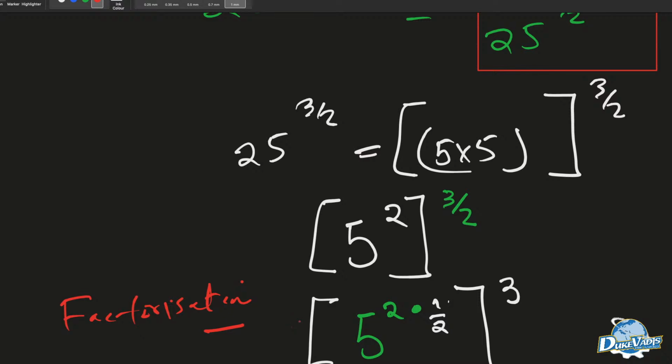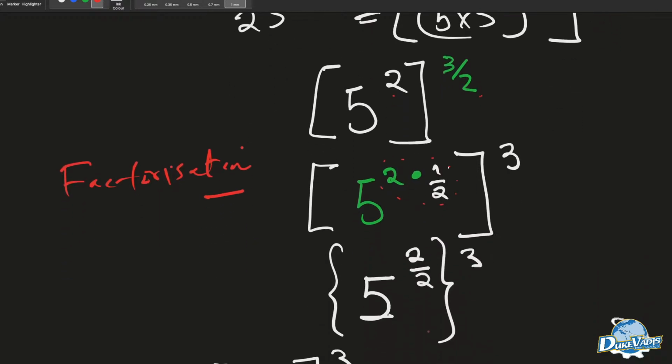Why? Because we have 2 here, and we have 2 here. So we'll push the 3 over 2. We all know that it's 3 times half. So we'll put the half in here to multiply the 2, whilst the cube is sitting out. As a result, it will be 2 times 1 over 2, that will be 2 over 2.